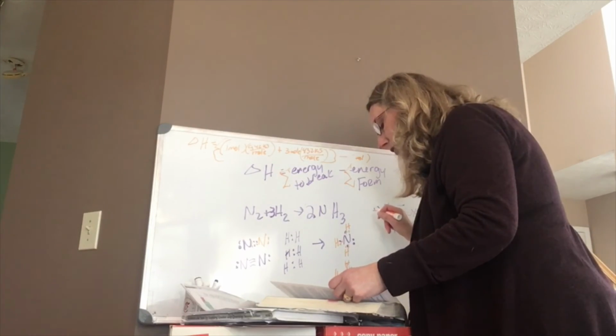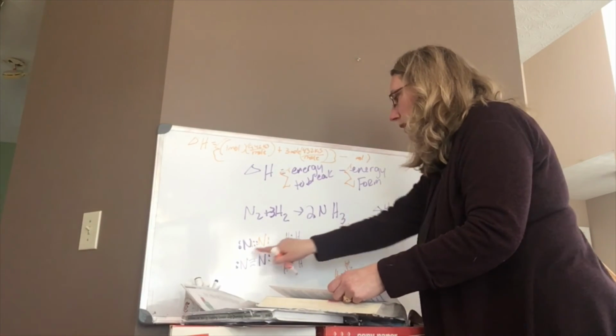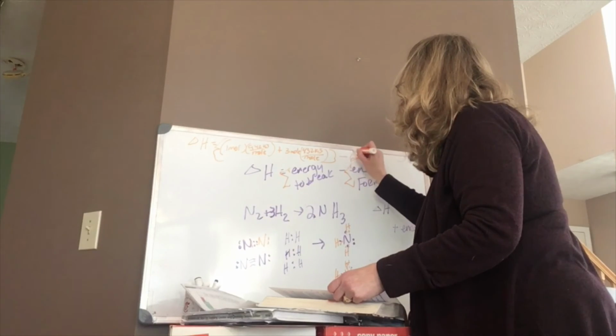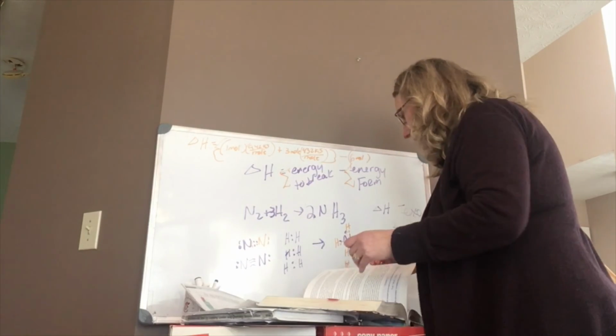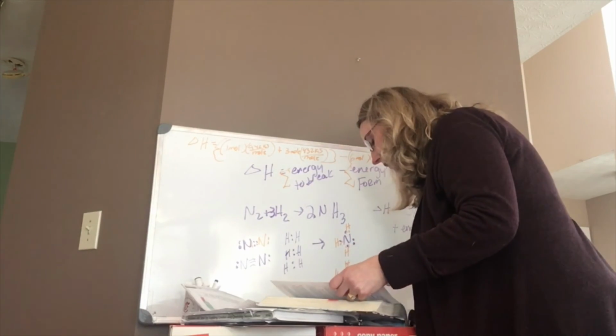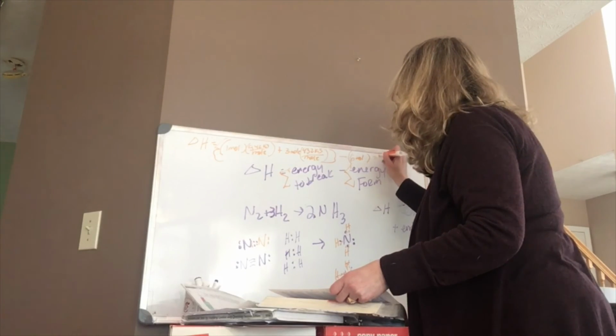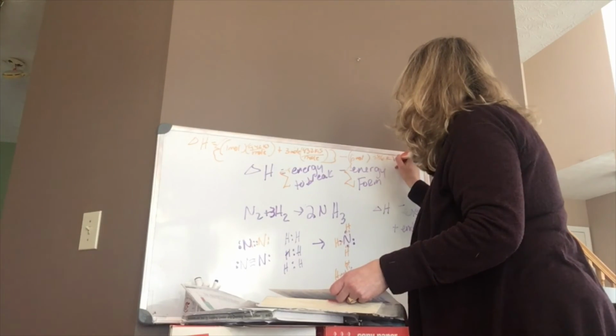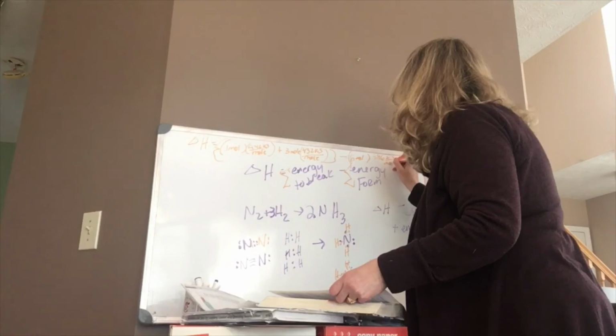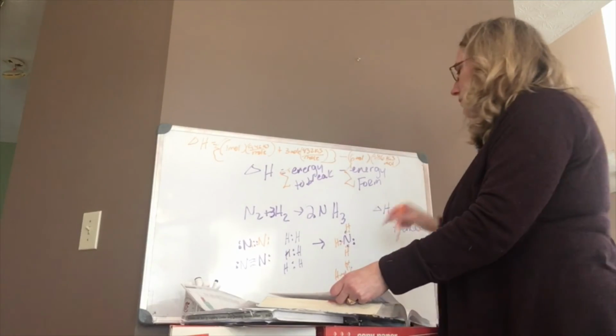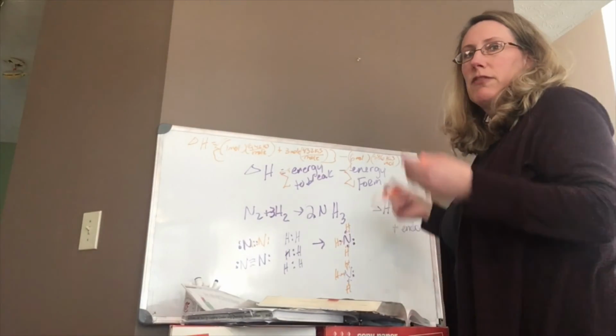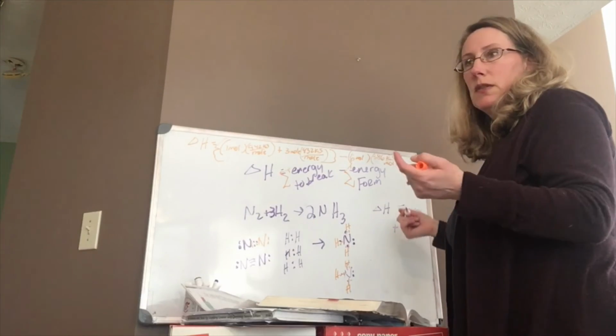So I have 3 moles of that because there's 3, and there's 1 of those, and there's 6 of the N-H bond, which is going to be 386 kilojoules per mole. So that's why you have to draw it. You have to figure out what they are. You have to draw them. You have to count them.